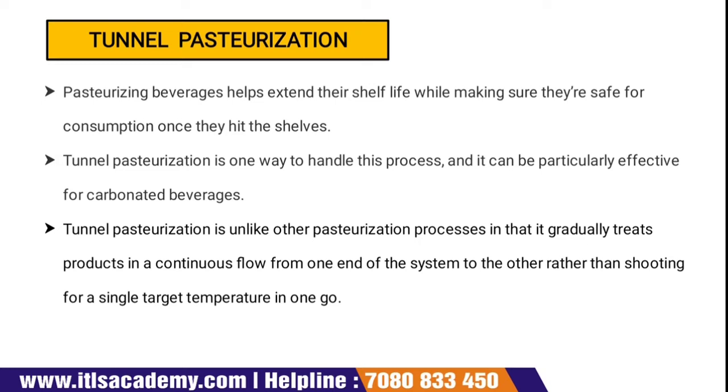They are just working in a continuous flow, meaning starting from one end and finishing on the other end. Unlike other pasteurization processes that target only one single temperature, this tunnel works in a continuous flow, starting from one end and finishing on the other end.